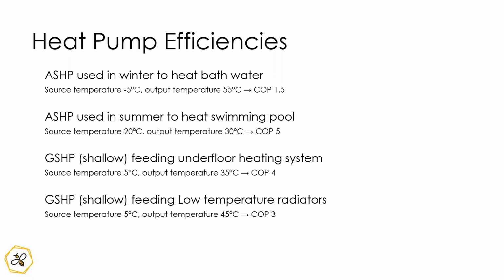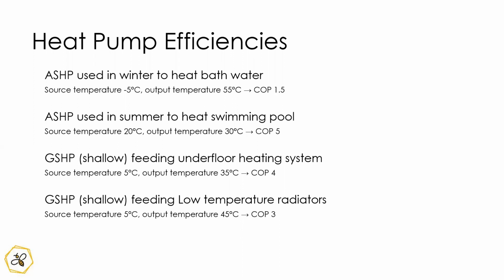Yep. Oh, and you've got all the figures here. Well, I've just got some examples of why that might vary, but that's exactly right. So if you have an air source heat pump in the winter to heat your bath water, your source temperature might be 5 degrees, your output might be 55 if that's what you're used to, although we'll talk about bath temperatures in a minute.